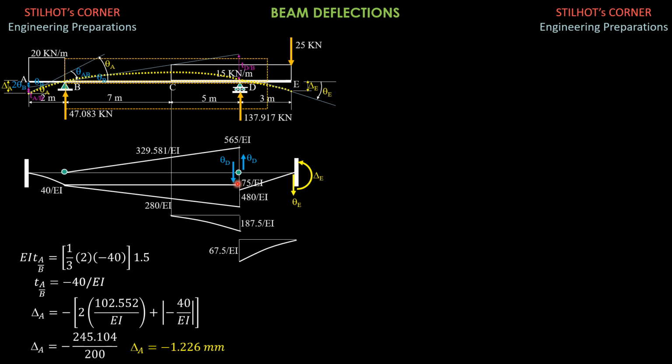So this is theta D. Summation of moments about, let's consider BD, summation moment about B equals 0.